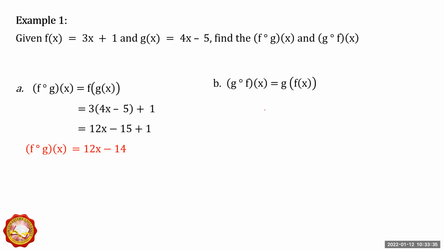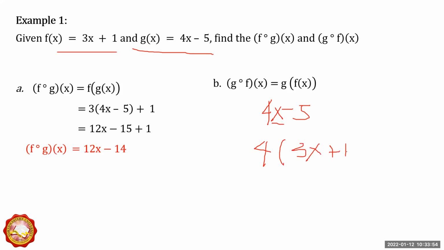Kabaliktaran naman pag G circle F. Ang ibig sabihin naman, ang G of x natin ang ating basic function. And then, ang isa-substitute natin kay x will be your f of x, which is 3x plus 1, minus 5.